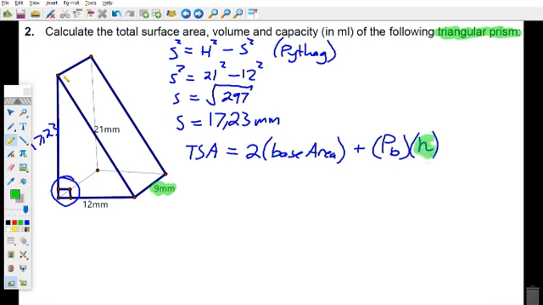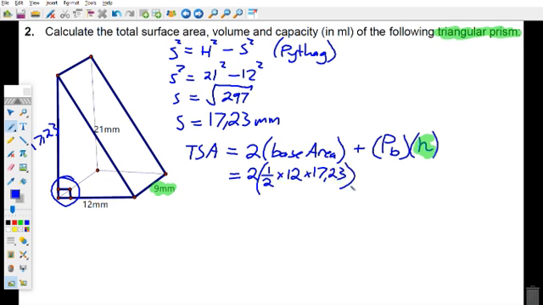Okay, so let's substitute in. It's going to be 2 times the base area. It's a triangle, so it's going to be a half, and then times by 12 times by what? Yes, not the 21, 17.23.